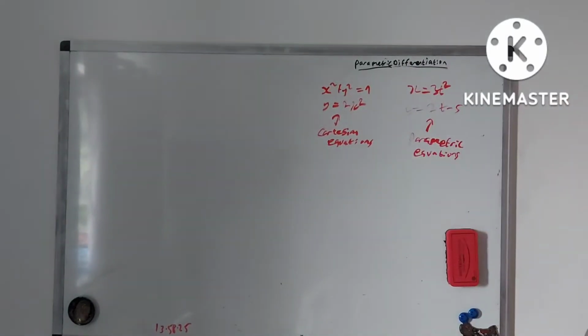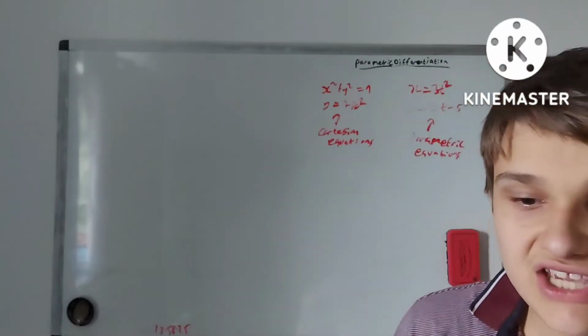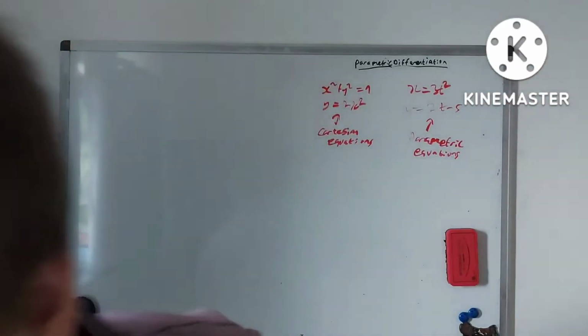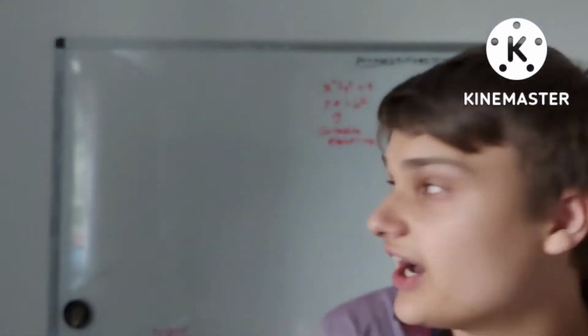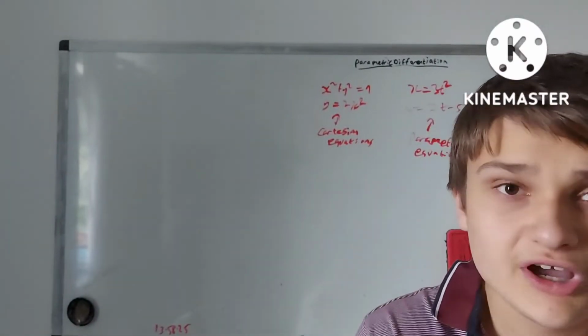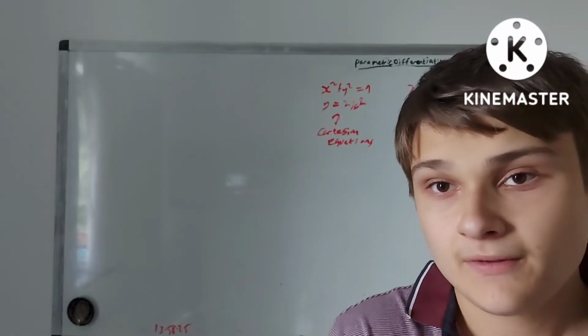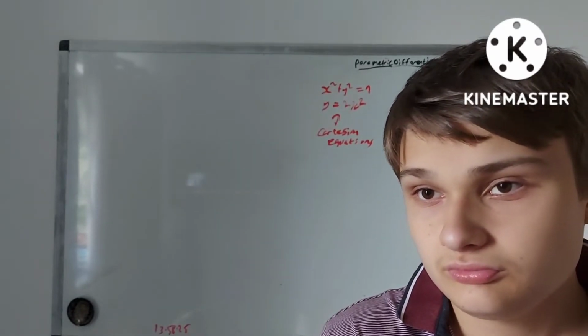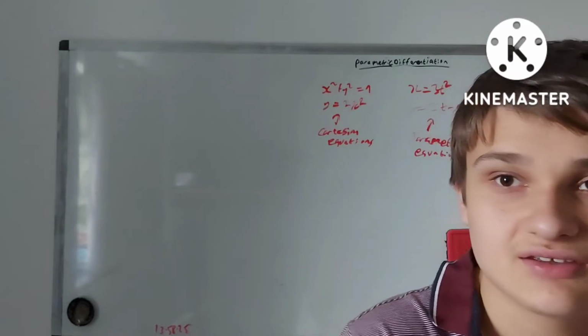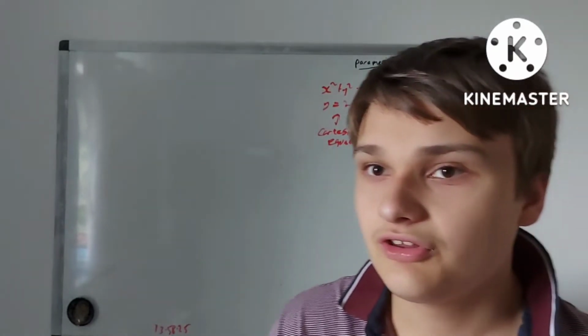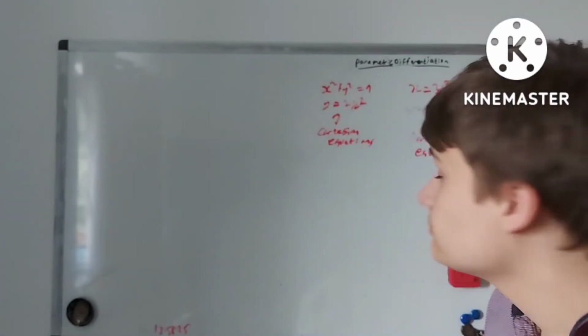At the moment, you don't know what to do with that, because all you've been taught is how to deal with equations of the form x squared plus y squared is 9, or y equals 2x squared, for example.